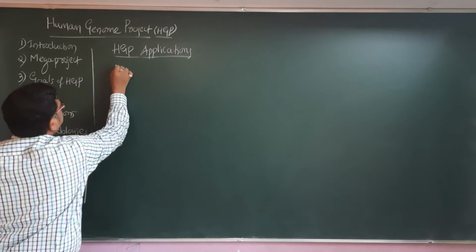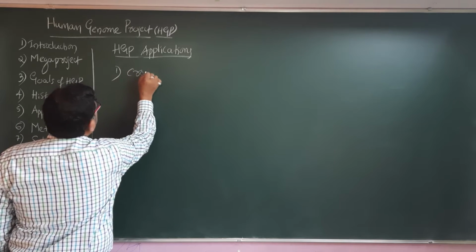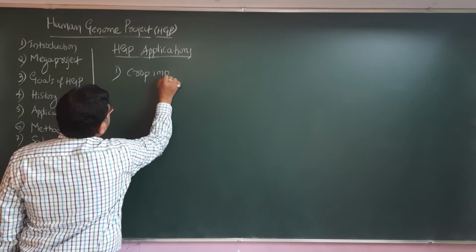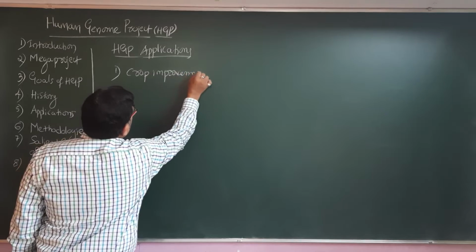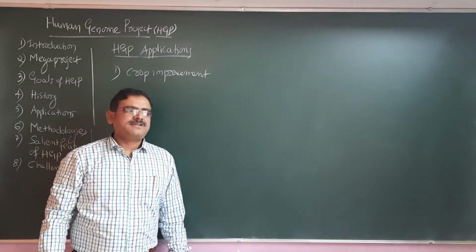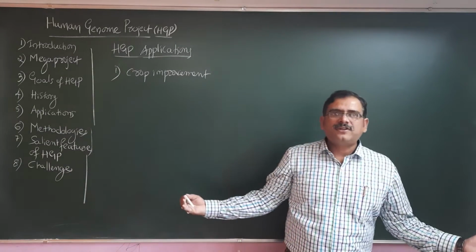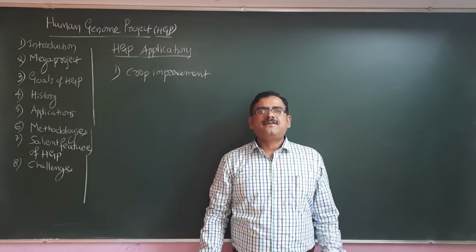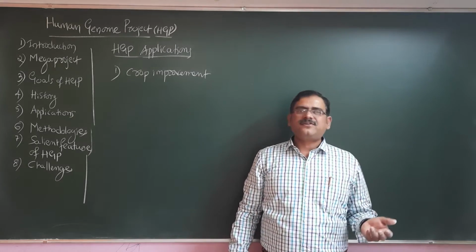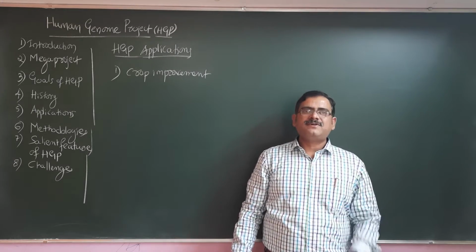Number one, it can be crop improvement. At the time of the Human Genome Project, a number of techniques were developed, and those techniques were also utilized very well in sequencing a number of plants and animals, as well as human DNA.